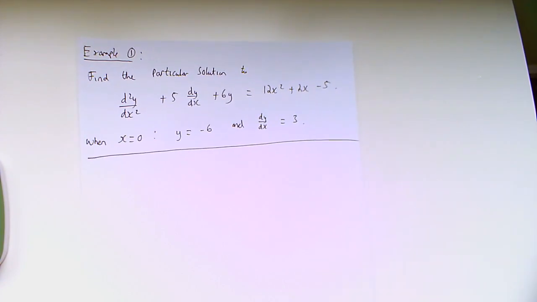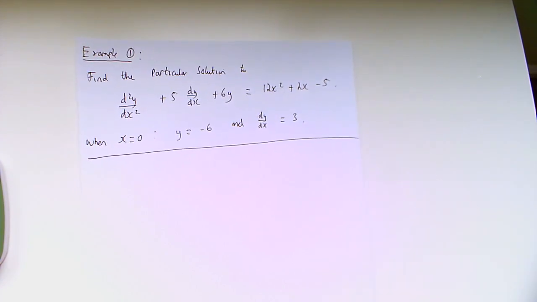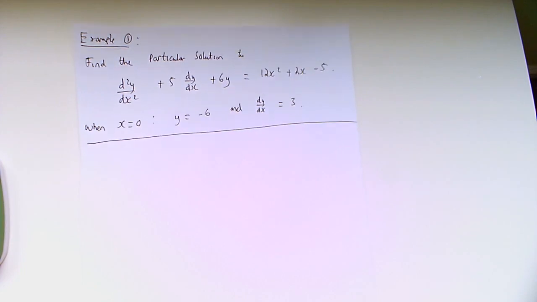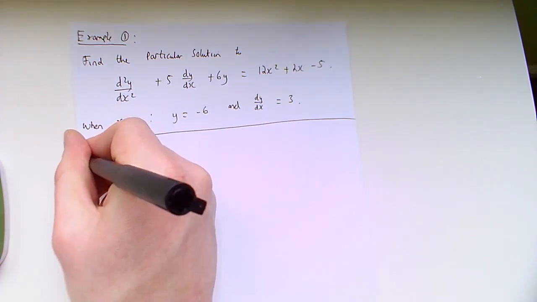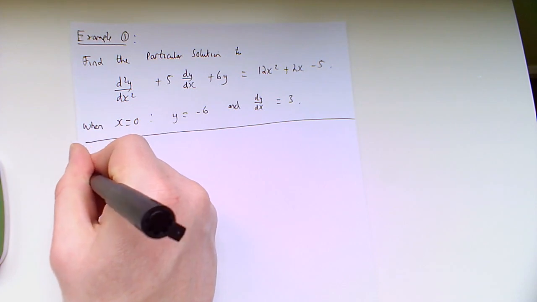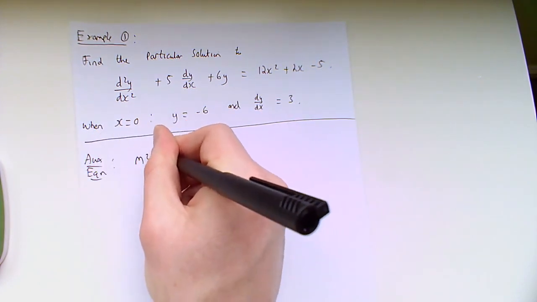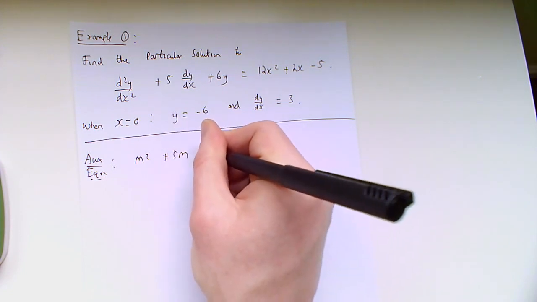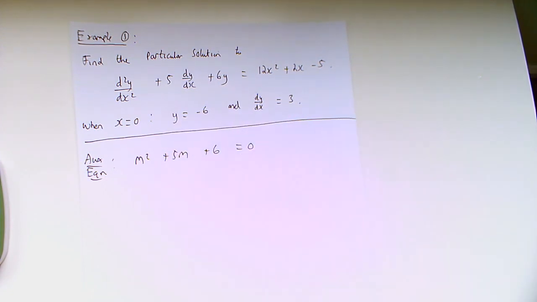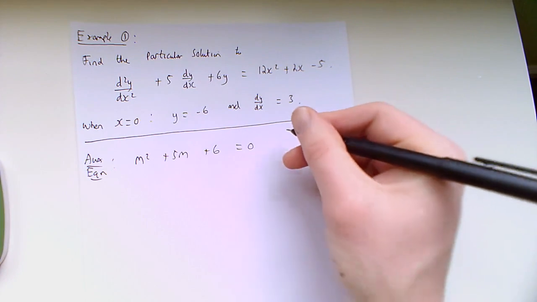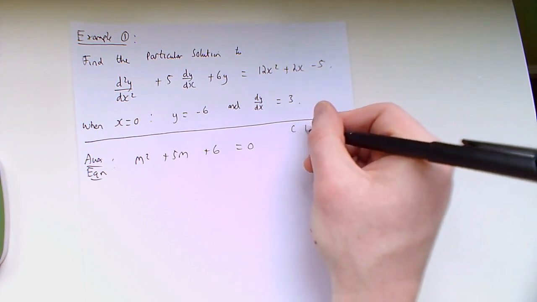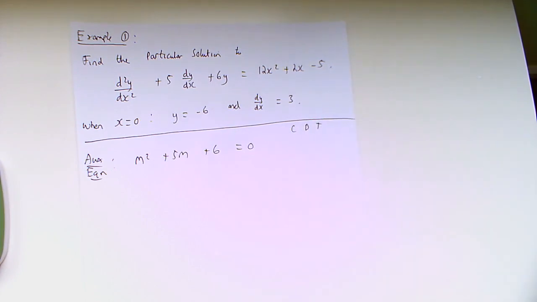Okay, so the first thing I'm going to do is pretend it's a homogeneous differential equation and set out an auxiliary equation. So that's m squared plus 5m plus 6 is equal to 0. And all we need to do is our usual factorising, where we look for common factor, difference of two squares, and trinomial.